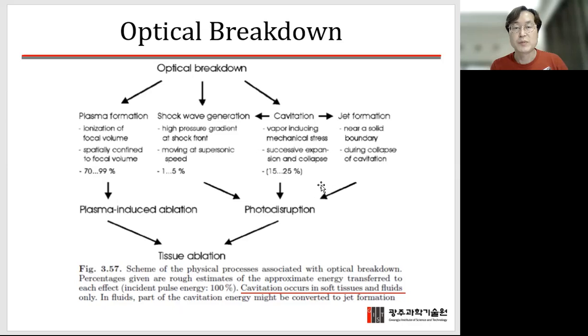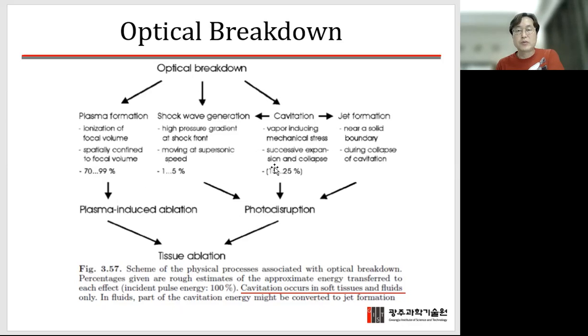And they will correspond to about 15 to 25% when the optical breakdown happens. And if this cavitation occurs close to a solid boundary, then it will also cause jet formation. And this jet will form during the collapse of the cavitation.